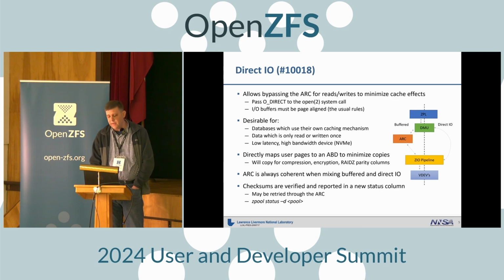And we want to be able to tell the difference between if the user modified a page, and that's why the checksum fails on it, or there's another issue there. We want to report those independently of checksum errors in the pool. So there's a new column that was added to show data verification errors that indicate you gave a buffer to direct I/O and it changed before it actually hit disk, right?